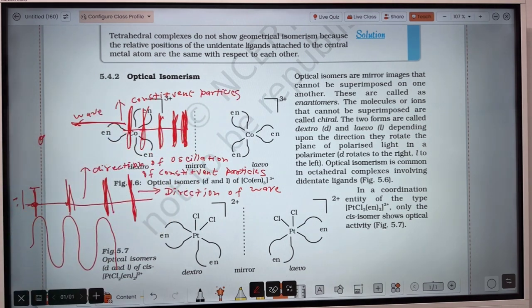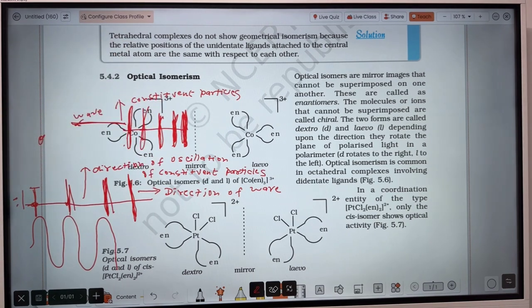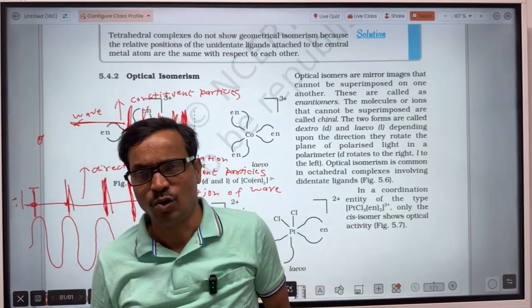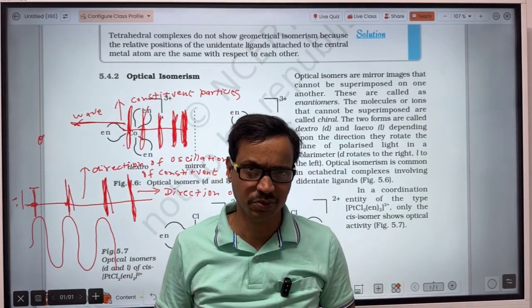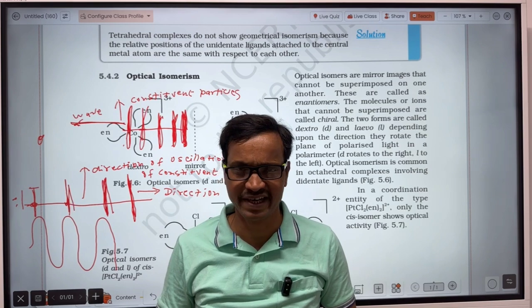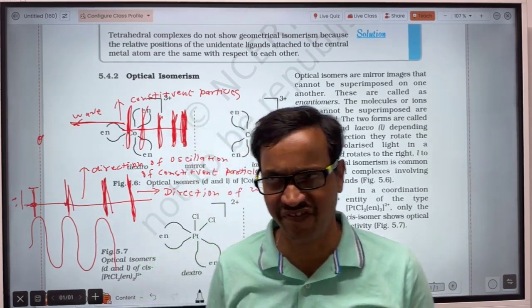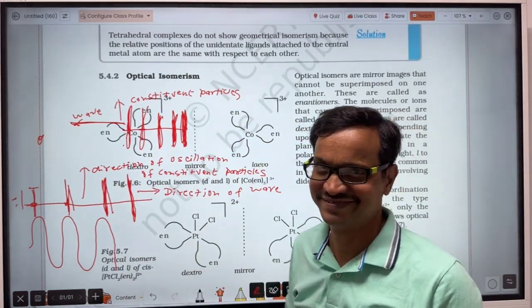So here the direction of oscillation of particles is perpendicular to the direction of propagation of the wave. So this type of wave is called a transverse wave.